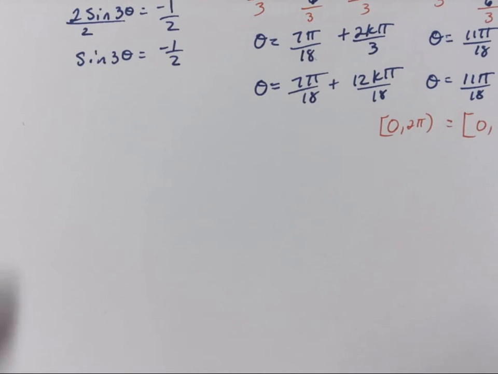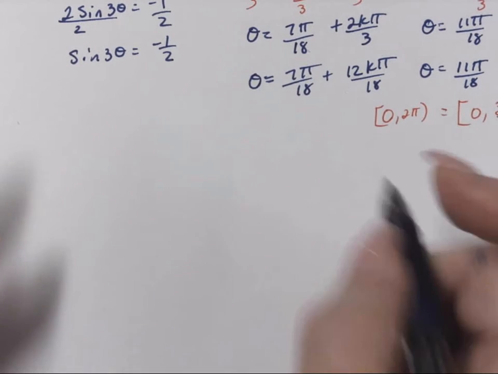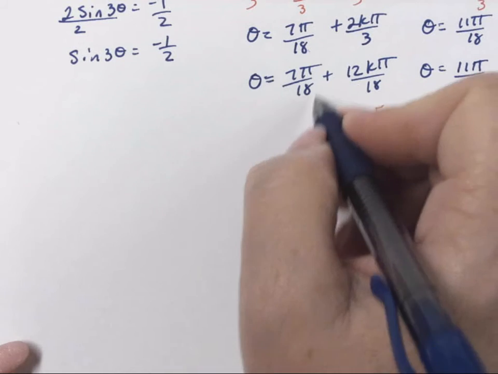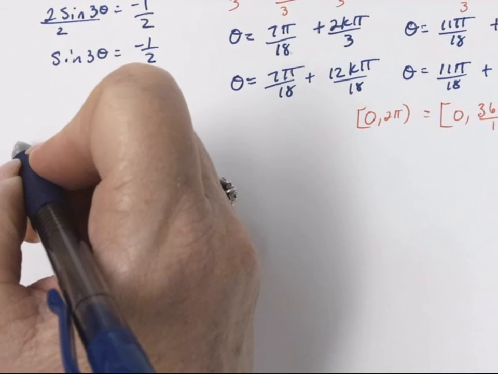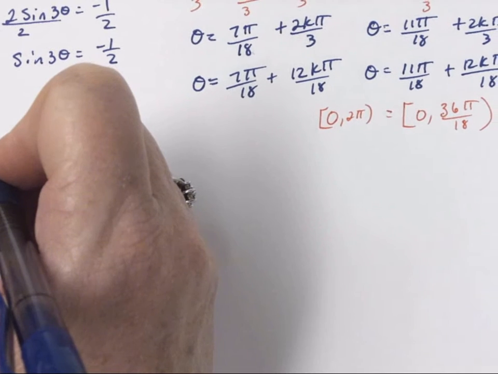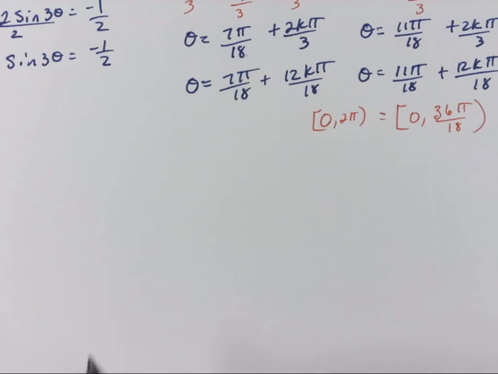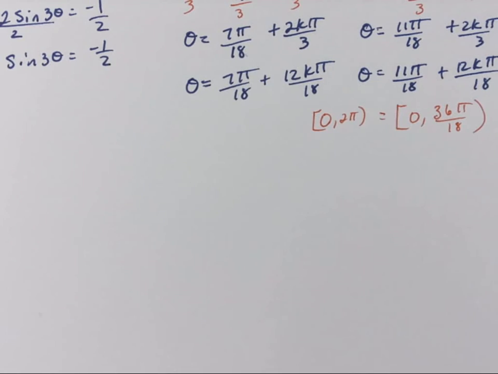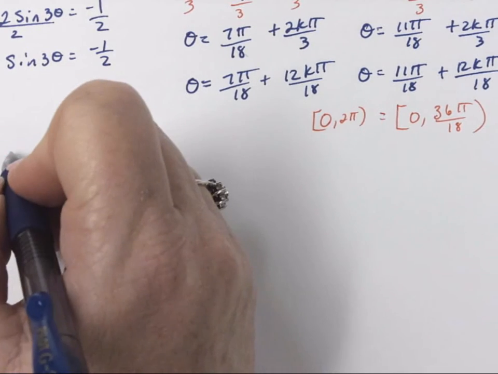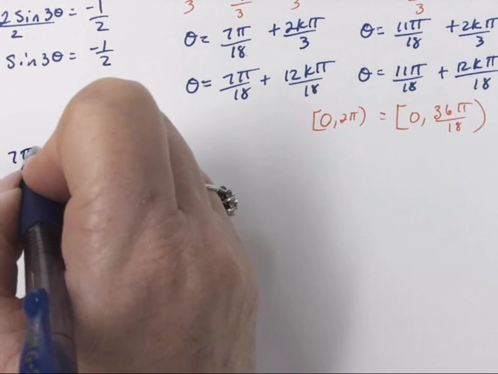So I'm going to plug in k is equal to 0. And so I end up with theta equals 7 pi over 18 plus 12 times 0 pi over 18. Well, anything times 0 is going to be a 0 on top divided by anything is still 0. We end up with 7 pi over 18.